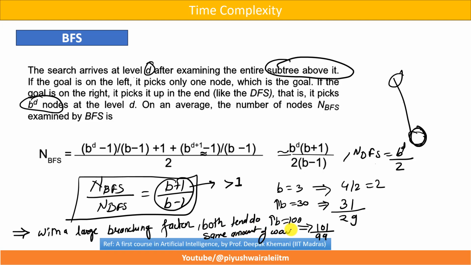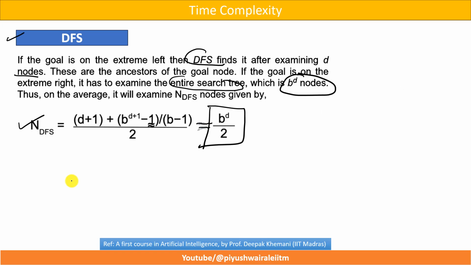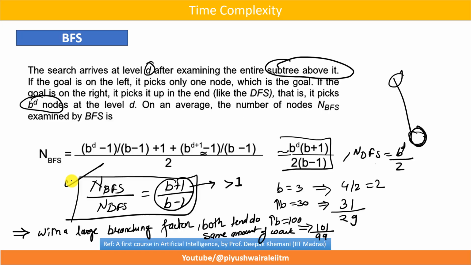As we increase the branching factor, if the branching factor is large, then both will take a similar amount of time. So please try to remember this formula and this one also, for comparison purposes. I hope you understand what we have discussed till now.